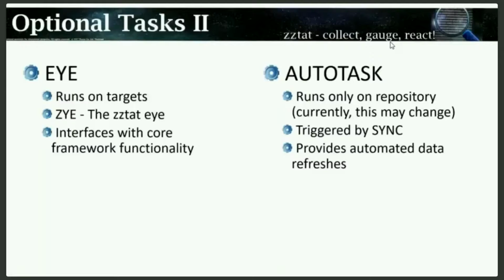What does this mean? For example, on the zztat UI, we use several different charts which we want to refresh at fairly short intervals. Now, if any of those charts require a bit of a more complex set of data, we want to refresh those asynchronously. And we want to do that as soon as the data becomes available.